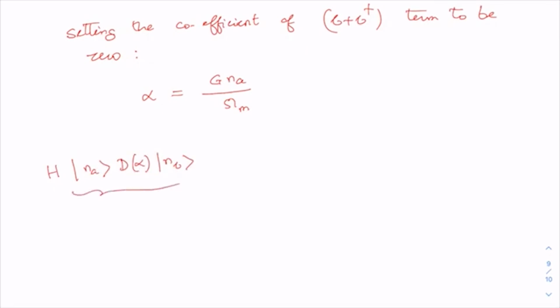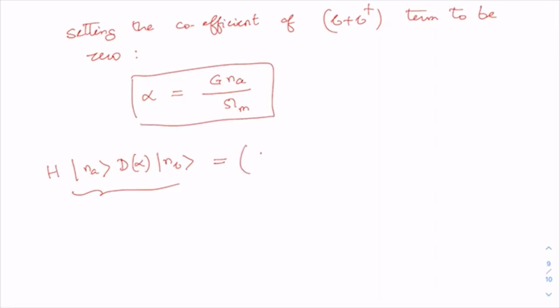This is our eigenstate for the system when z is not equal to 0. This would be |n_a, d(alpha), n_b⟩. In fact, if you put the parameter for alpha, this value, what you are going to get is, let me just write down the final expression.